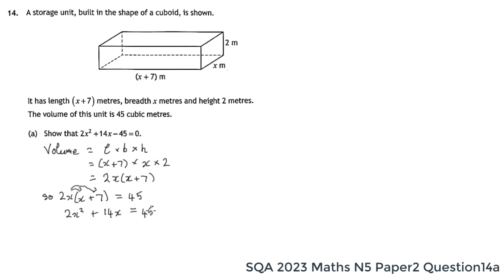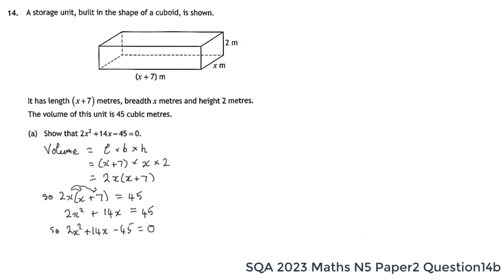So we'll have to take away 45 from both sides. So 2x squared plus 14x minus 45 is equal to, and if I take 45 away, I'm left with 0, which is the quadratic equation that we were asked to find.